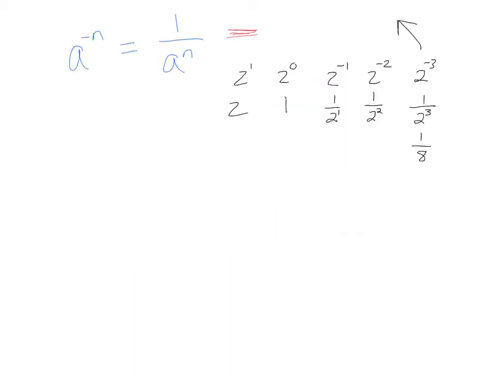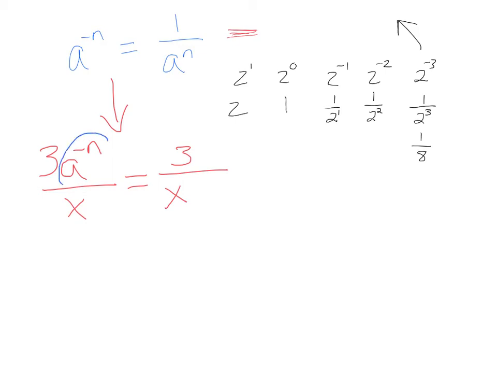Made some room here to talk about this rule as it applies to different circumstances. So if you have a to the negative n, and you have a fraction like this here, and maybe you have a 3 involved, you can keep the fraction just as it is, except for take this variable here, this power that has a negative exponent, and put it on the opposite side of the fraction bar and make it positive.